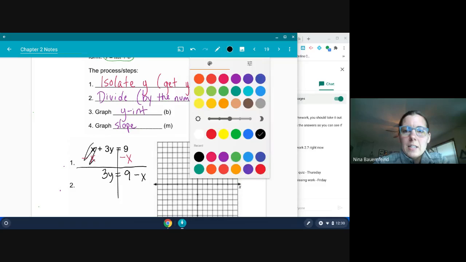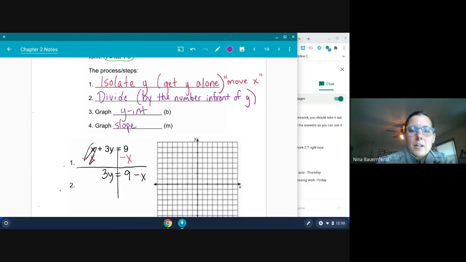And then the second step is to divide by the number in front of y. So you guys, what is the number in front of y? 3. So we need to divide by 3. So we end up with y equals 9 divided by 3 is 3, and then minus 1x over 3.